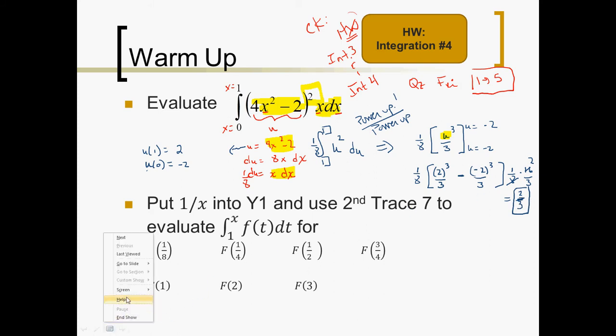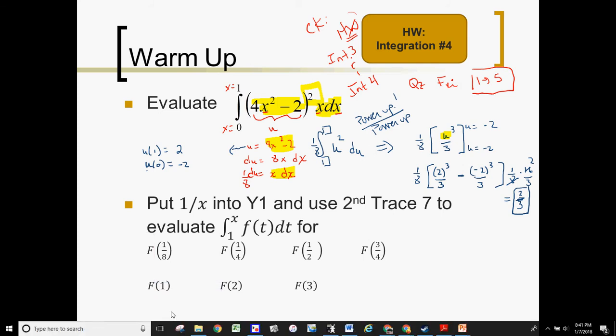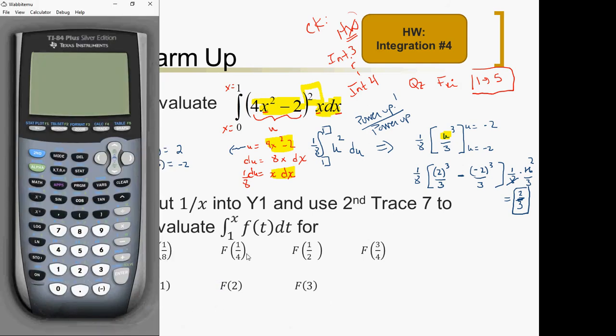We could verify this. If that problem was ever on a non-calculator portion, you would not do that work. You would put the function in, you would put 4x squared minus 2 all squared times x into y2, and then you would math 8.